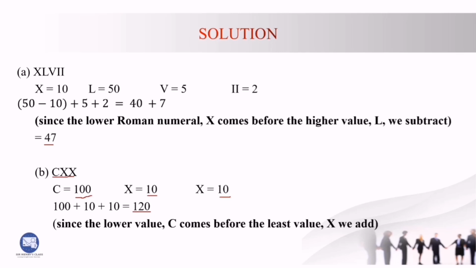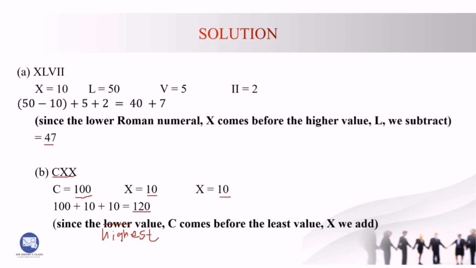Why? Because the C, which is a higher value, comes before the least value. So here, what's the highest? C, which is the highest value. Good.